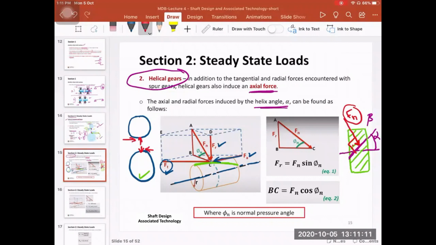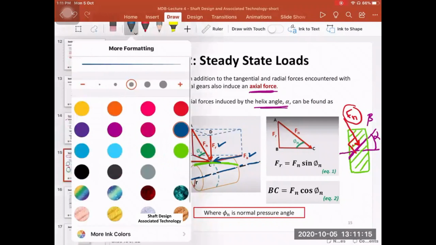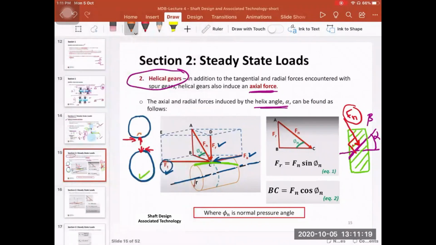We have already got these, but on top of these we have an axial force, which is either going out of the page or going inside the page based on this graph. So here we have three forces: Ft, Fr, and Fa that is parallel to the center line of the gear.